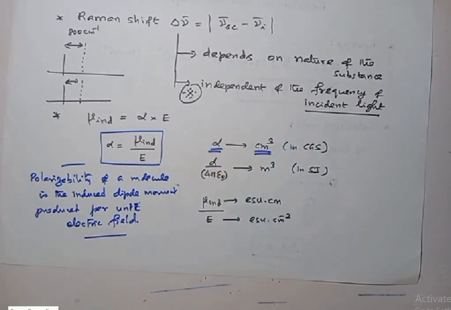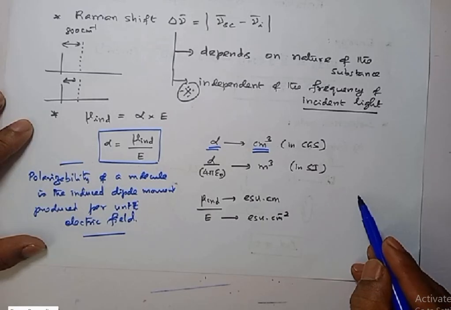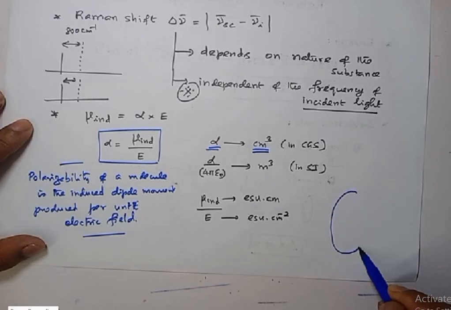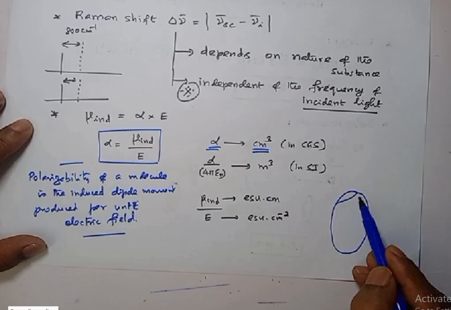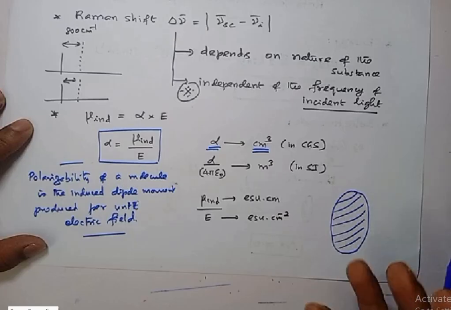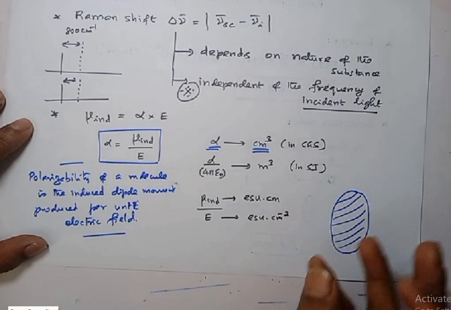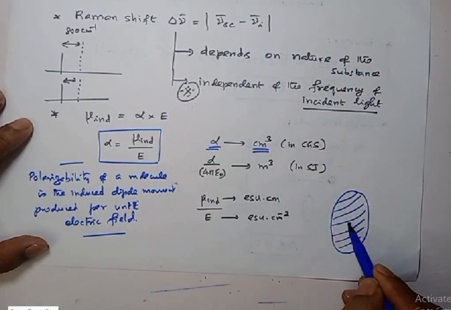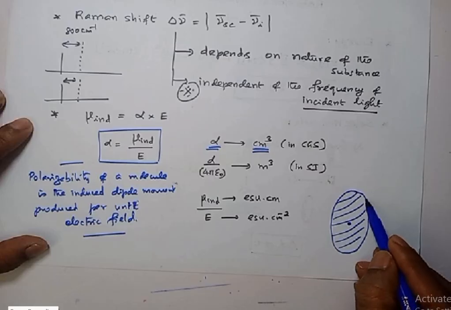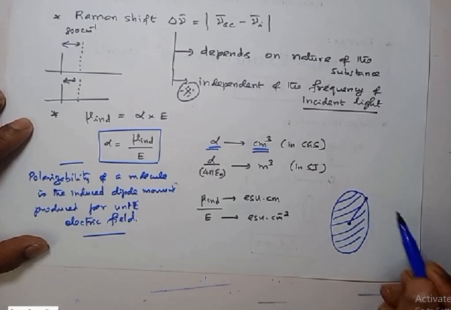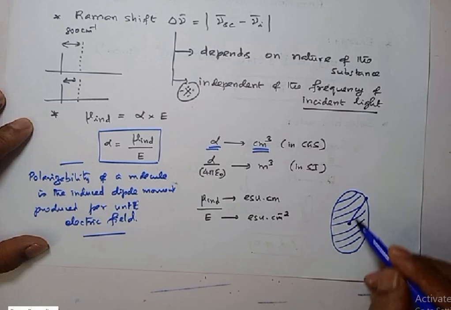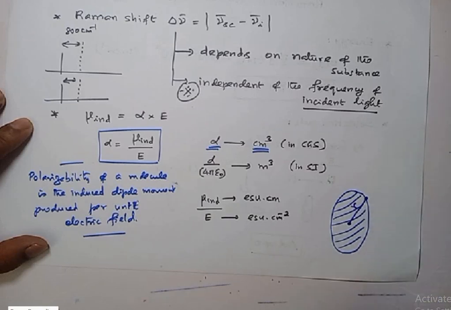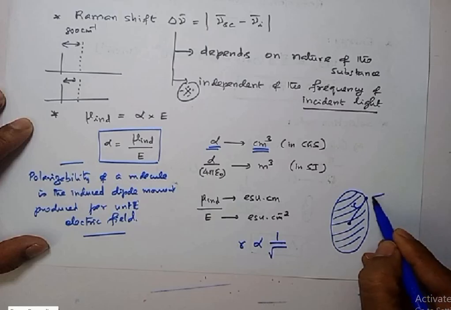Take note. Suppose a polarizability exists like this. Usually it looks like an ellipsoid. This is not two-dimensional, this is three-dimensional. It looks like an egg shape. You take the center of this shape and draw a straight line to the surface. This length R is inversely proportional to the polarizability at this point.